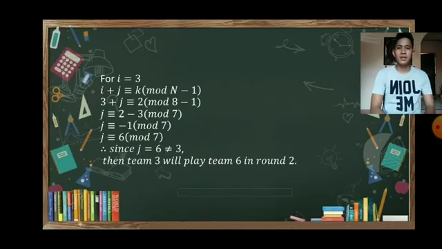Therefore, since j equal to 6 is not equal to 3, then team 3 will play team 6 in round 2.